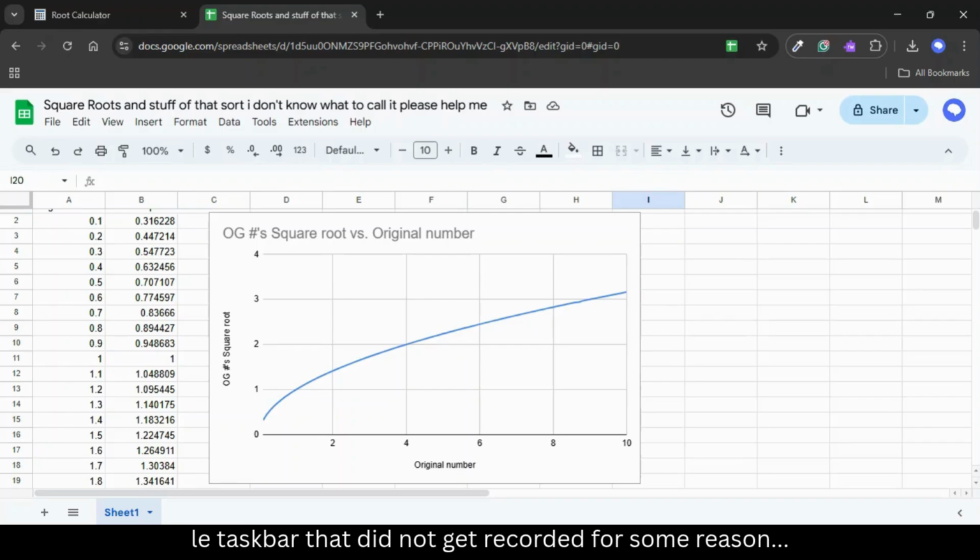I don't know if this is even. This does not look like a straight line, because you can see tiny things like that.